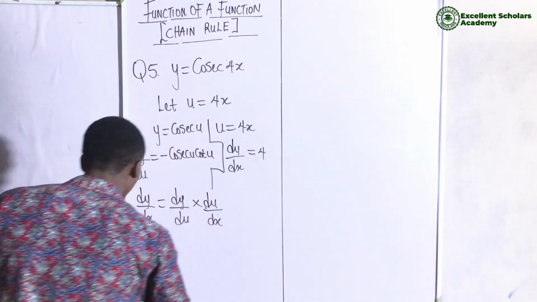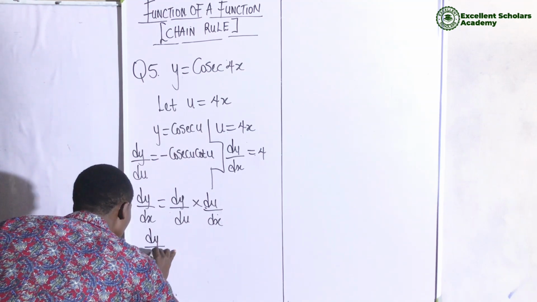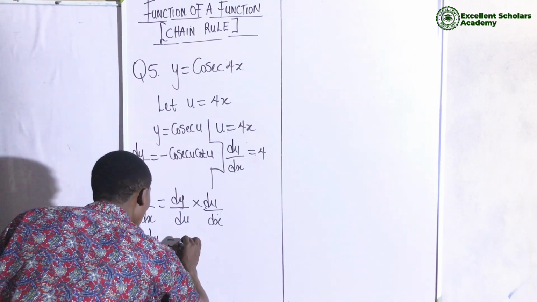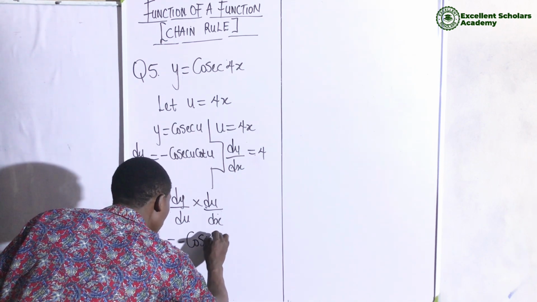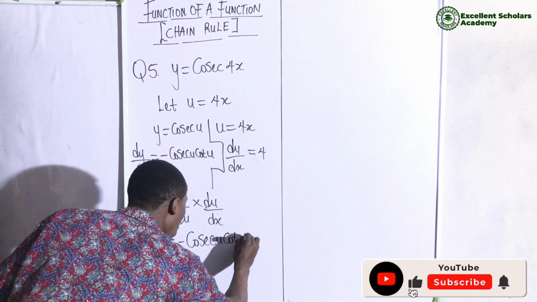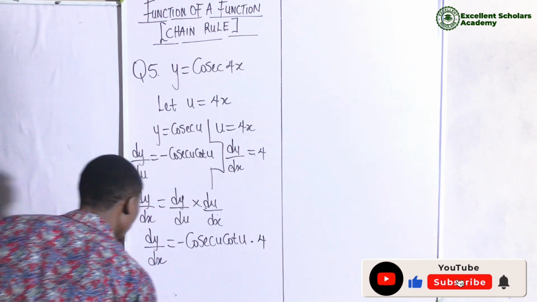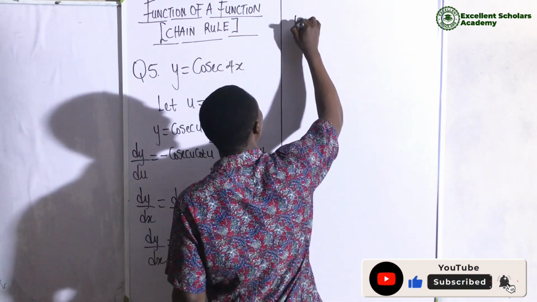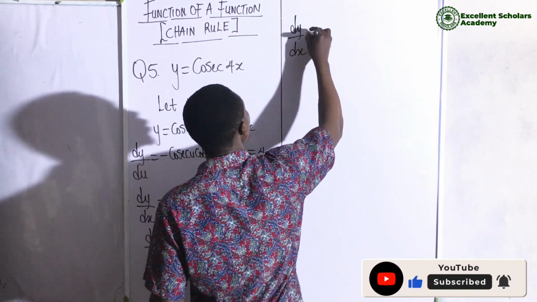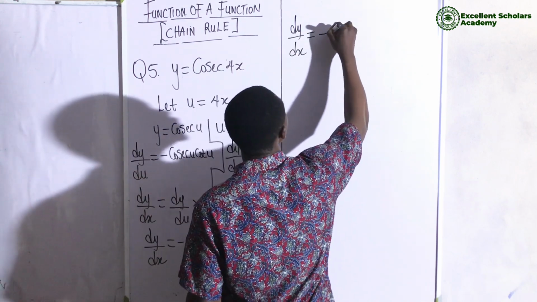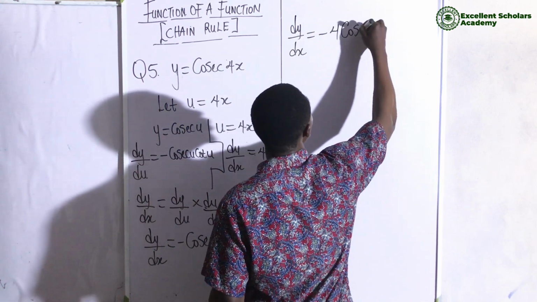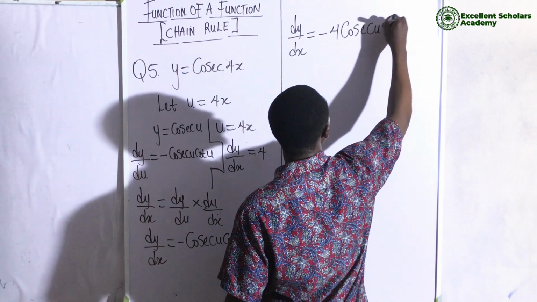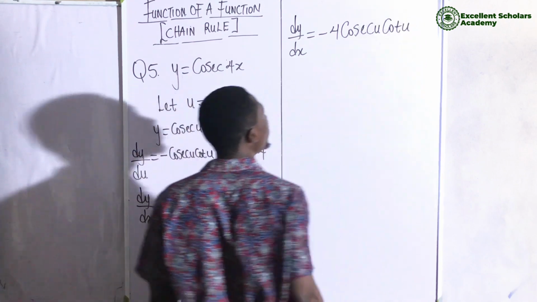Okay, so now our dy dx will be equal to minus cosec u cot u multiplied by 4. Which gives us that dy dx equals minus 4 cosec u cot u.